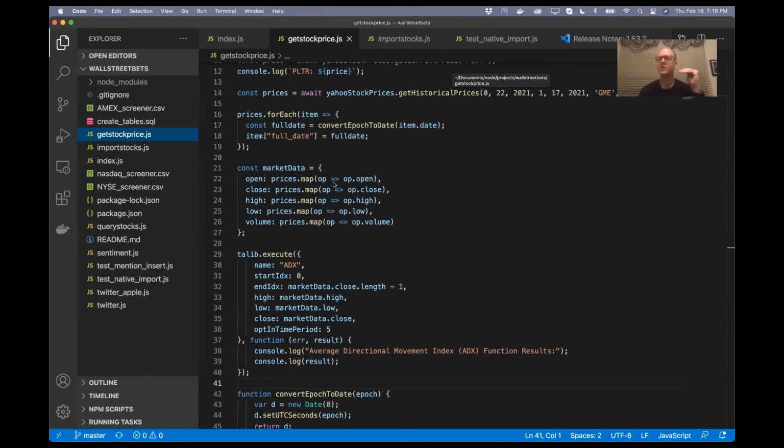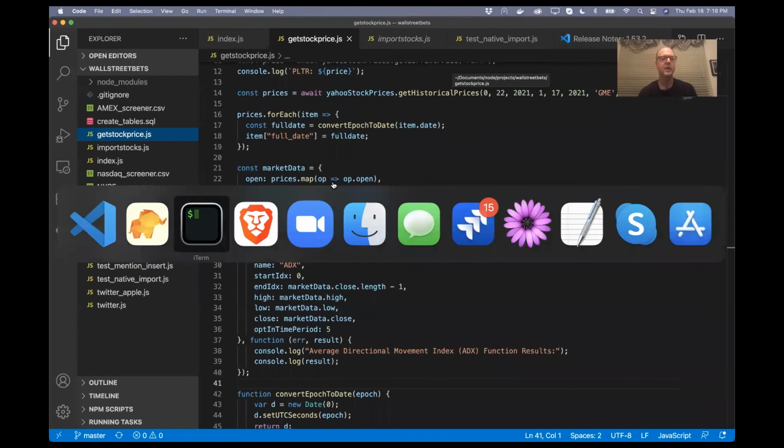It's almost like a tensor, where we've got these 5 different arrays that we pass into the library, and then it does some technical analysis based off something called an average directional movement index.